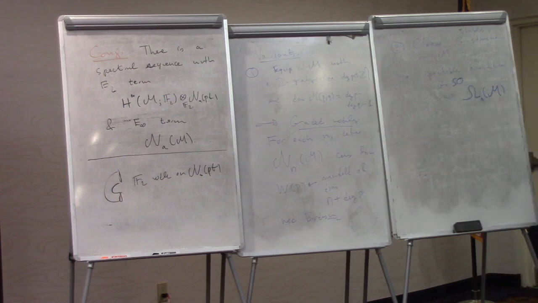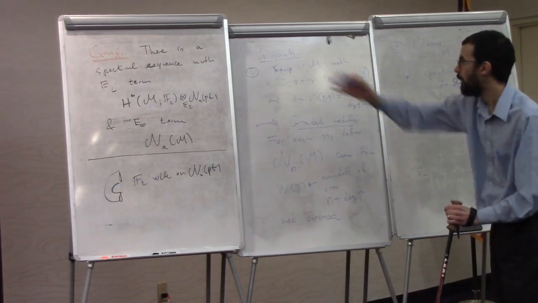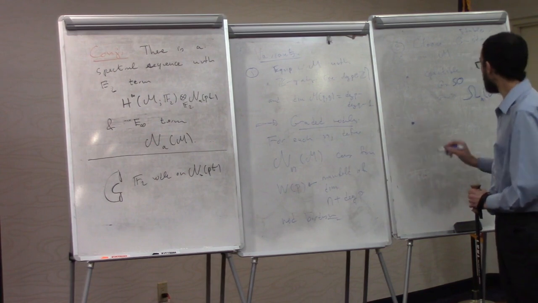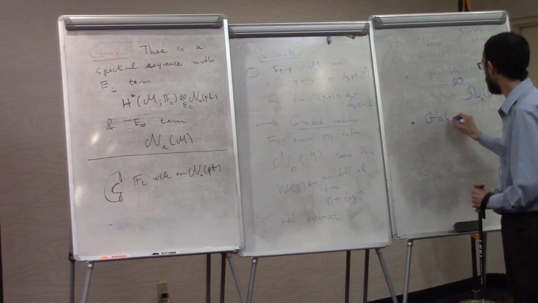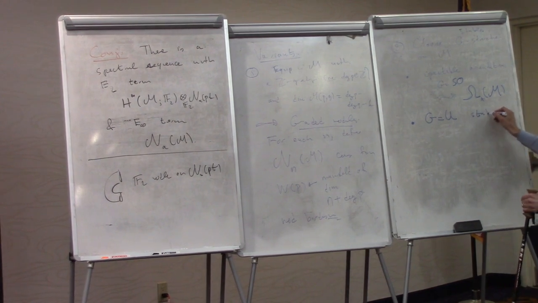So the oriented bordism groups, G equals SO, of this thing. And again, like before, you have conditions of this nature. But I want to keep going. The next case you could do is G equals U. Okay? And you get stable complex orientation.